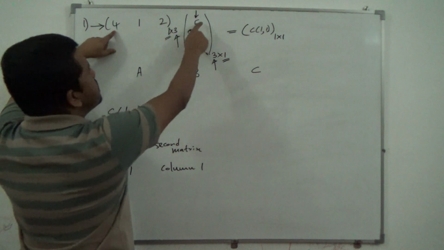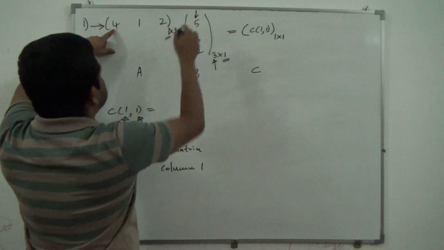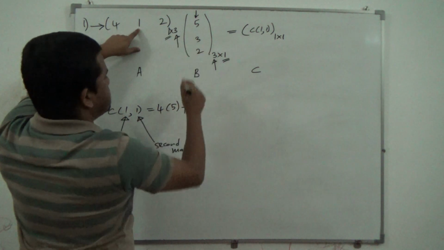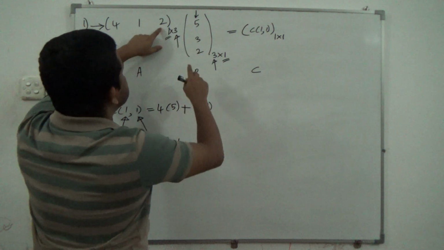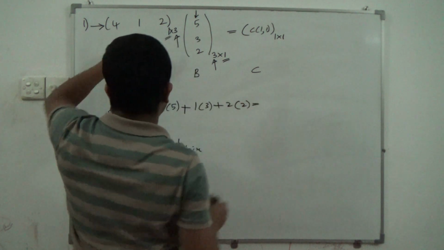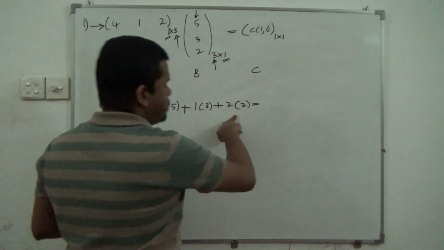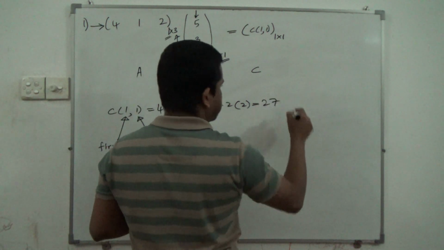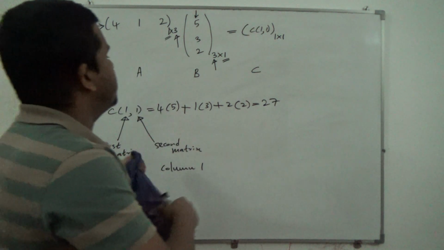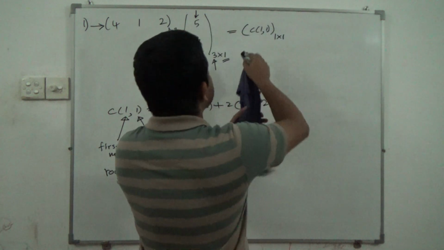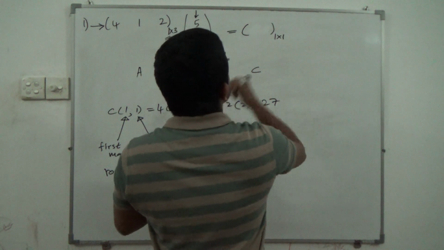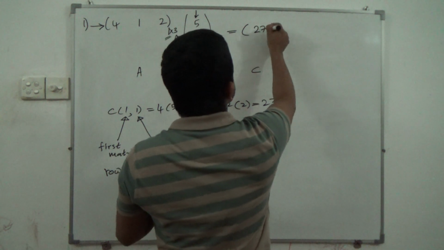First element by the first element, 4 into 5, plus second element by the second element, 1 into 3, plus third element by the third element, 2 into 2. That is 20 plus 3 is 23, plus 4, 27. Therefore, here we will get 27.